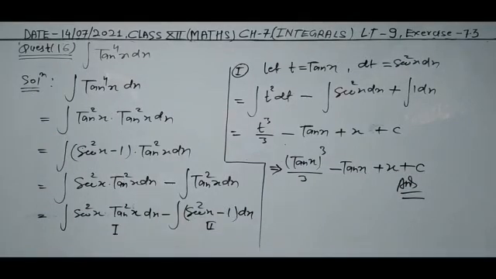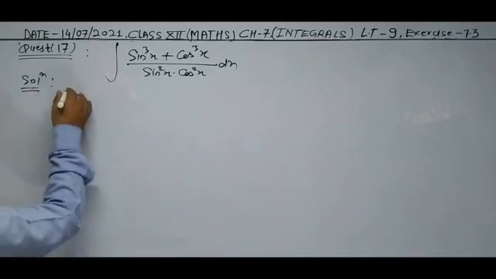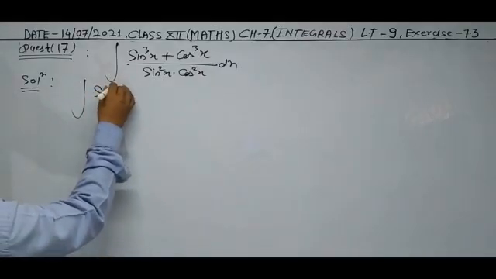Now come to question number 17. Question number 17 is integration over sine cube x plus cos cube x whole upon sine square x into cos square x dx. So now see, first of all write the integral part.